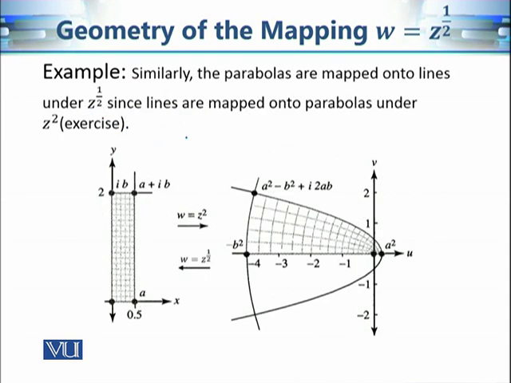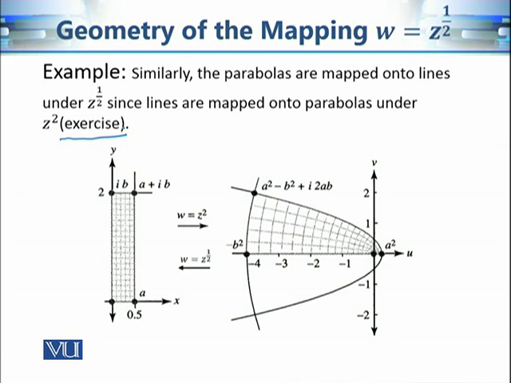Similarly, remember, we proved that if we apply z square onto vertical and horizontal lines, then we get parabolas, and we also studied their structure. I'm going to leave the opposite fact as an exercise: if we are given parabolas and we apply this principal root function on them, then we should be able to get these vertical and horizontal lines.